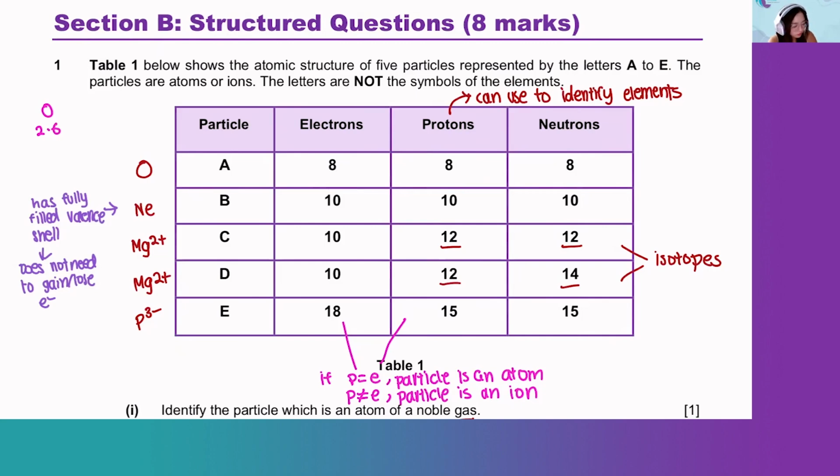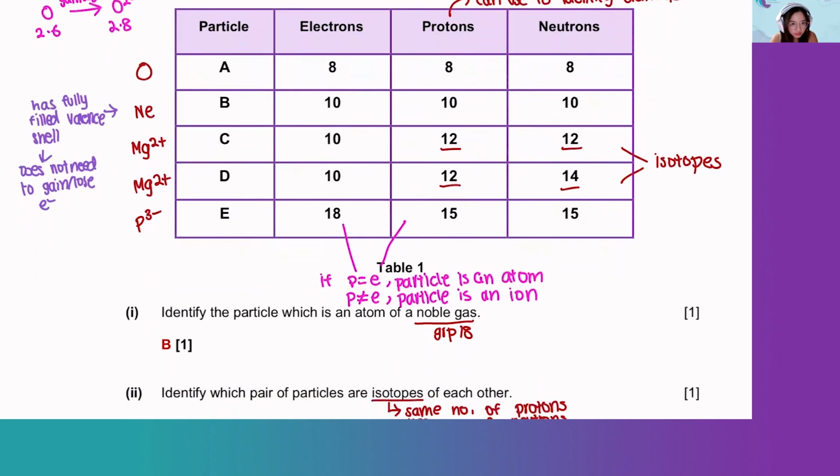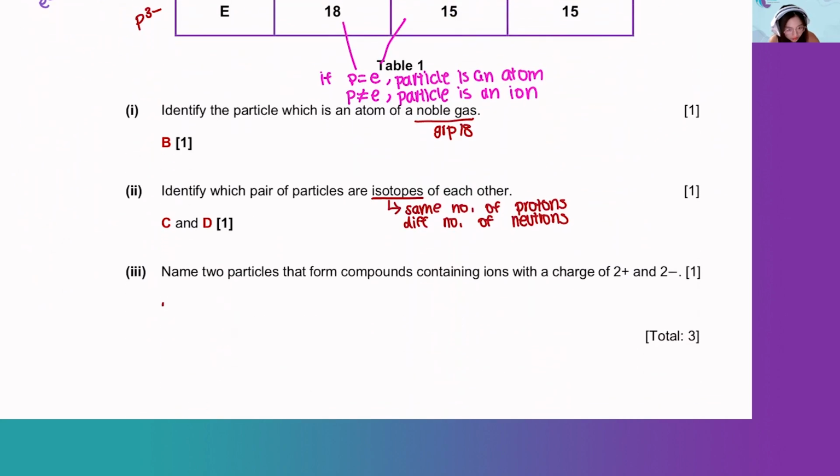So in order to form a fully filled valence shell, 2.8, this oxygen is going to want to gain 2 electrons. When it gains 2 electrons, it will form the ion with the charge O2 minus. So for 2 plus and 2 minus, my answer for part 3 should be either A and C or A and D.